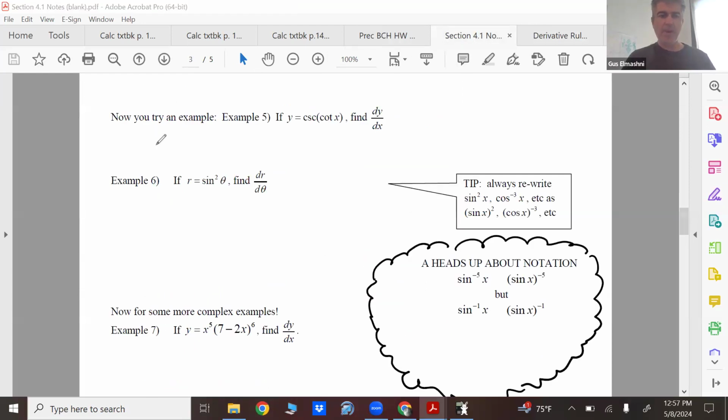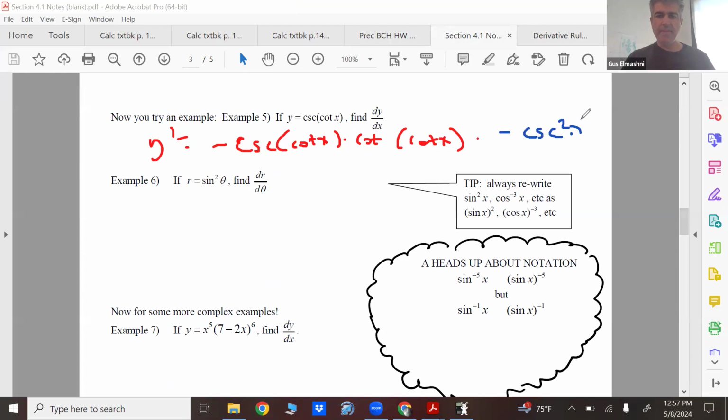y prime is negative cosecant of cotan x, times cotan of cotan x, times negative cosecant squared x.